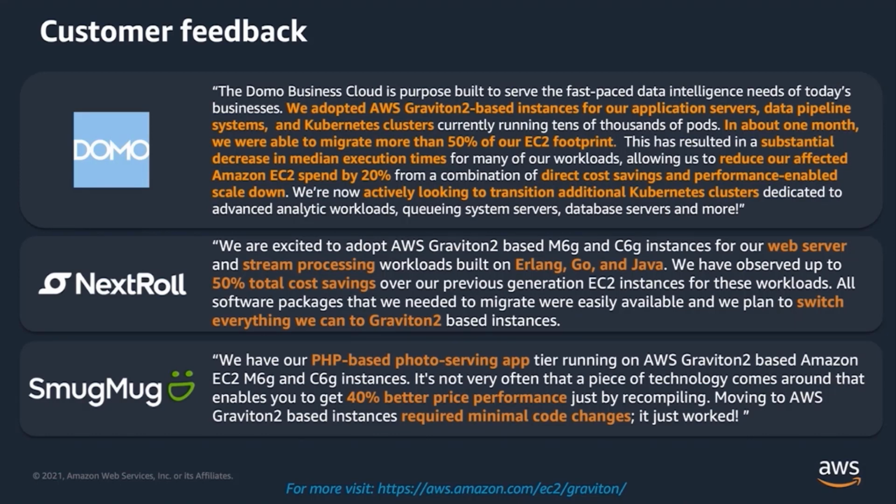With Nextroll, they observed up to 50% better price performance for their web server and stream processing workloads. SmugMug migrated their PHP-based photo serving application and achieved 40% better price performance, also calling out the need for minimal code changes in that migration.